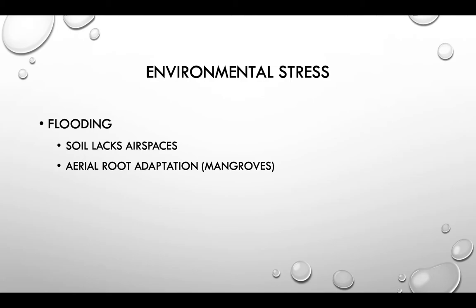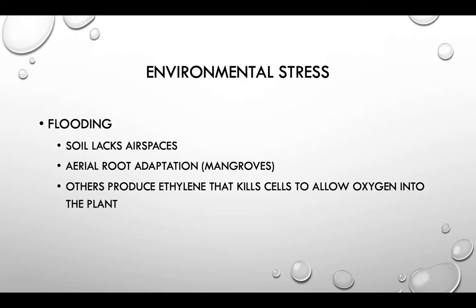So some plants have adapted to this. The mangroves grow usually around coastlines, so their roots are actually aerial to allow them to live in very watery environments. Other plants will produce ethylene, and that will kill cells and allow oxygen into the plant.